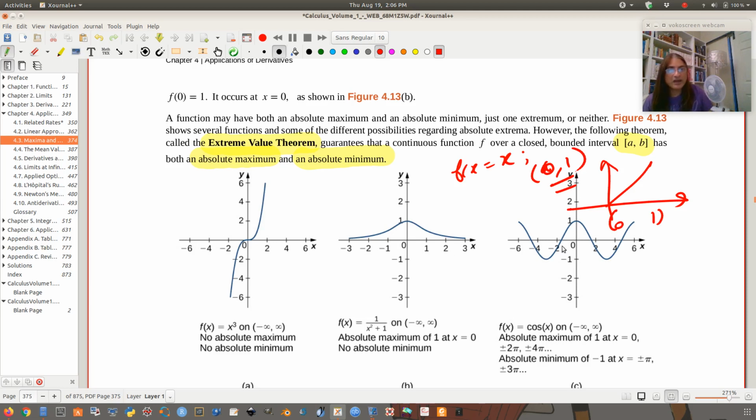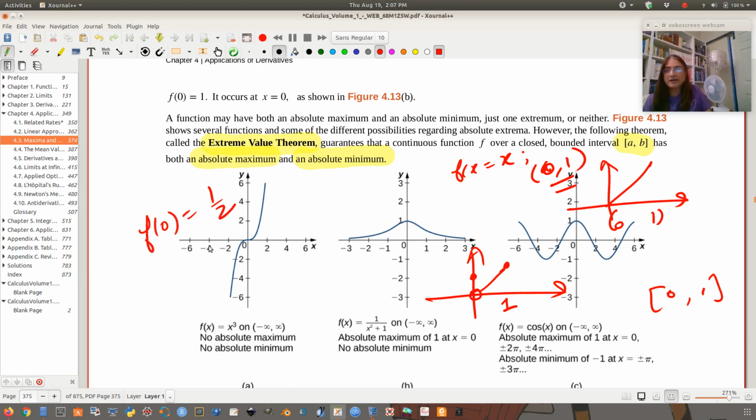And the same is true for the minimum value. So let's fix the domain. If the domain is [0, 1], but the function is as follows: the function goes up to 1, and at 0 the value is, let's say, half. So the function is defined as f(0) is half and f(x) equals x for all x belonging to (0, 1].